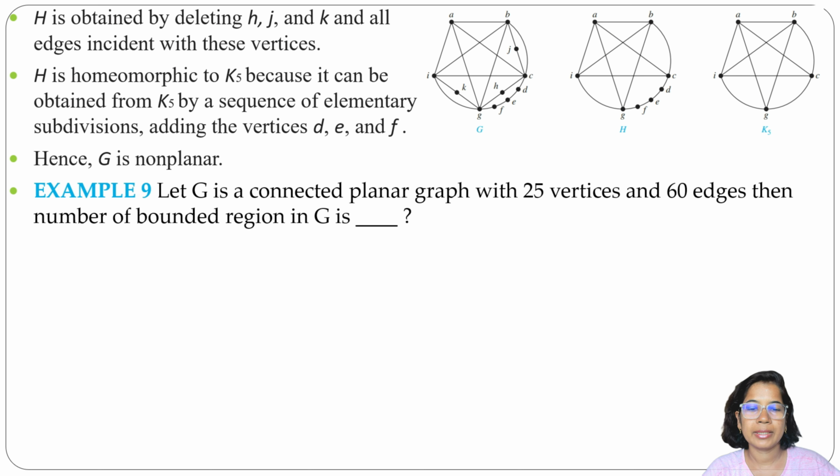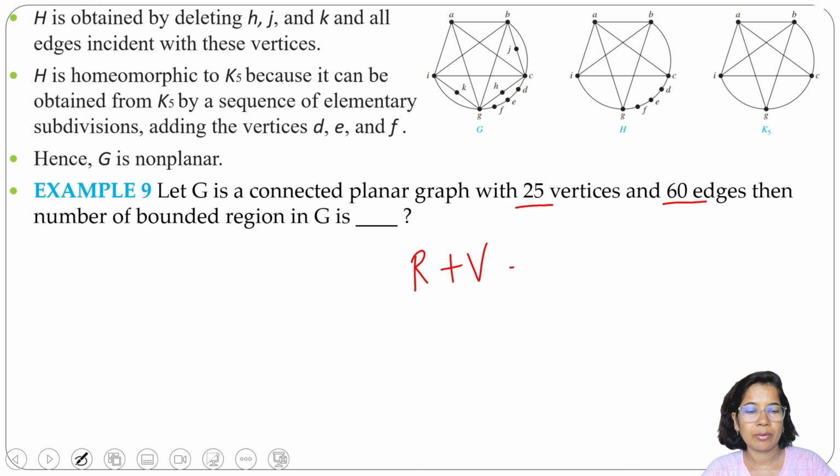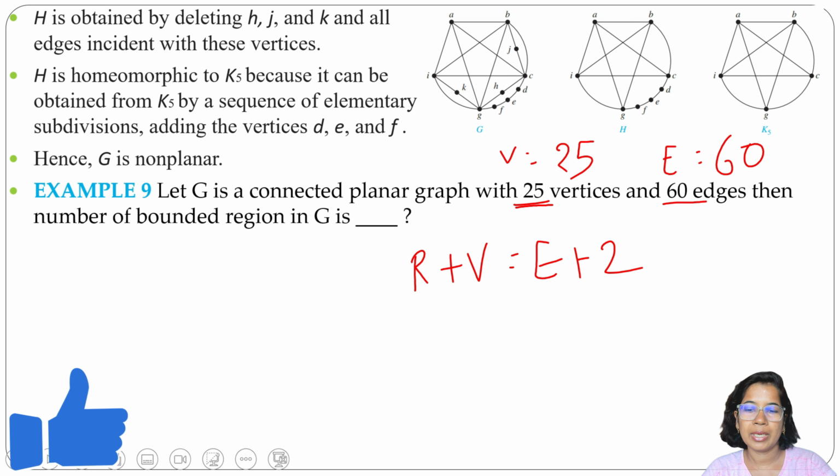Example 9, let G be a connected planar graph with 25 vertices and 60 edges. The number of bounded region G is, we already know Euler's theorem. According to this, R plus B equals E plus 2. B equals 25, E equals 60, and R is not given, it is asking number of bounded region.